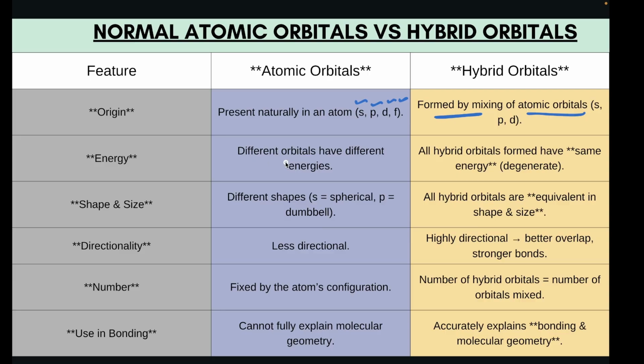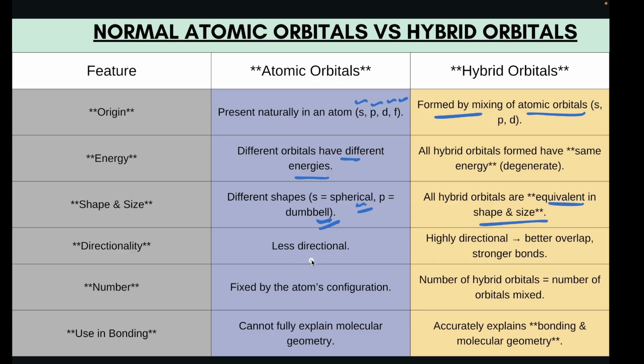Atomic orbitals have different energies, but hybrid orbitals have the same energy. Atomic orbitals have different shapes: s orbitals are spherical, p are dumbbell shaped, and d is like a clover leaf. But all hybrid orbitals are equivalent in shape and size.